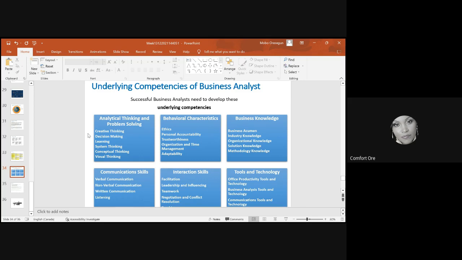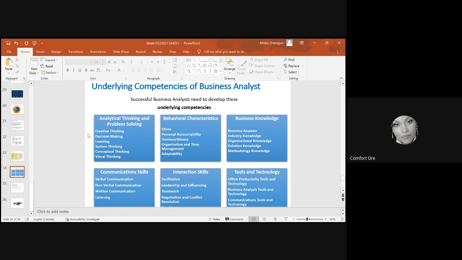As a BA, if you're called into any position, you won't say, oh, I really don't like it here. You have to like it everywhere, right? So adaptability is essential. You can be called to work as a data analyst or maybe a systems analyst.